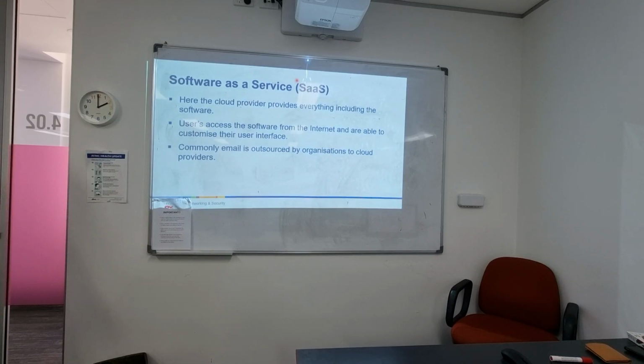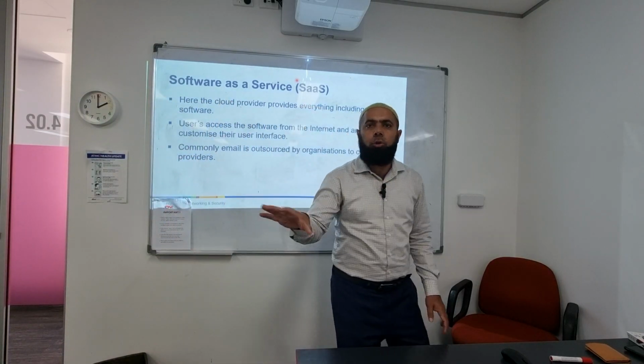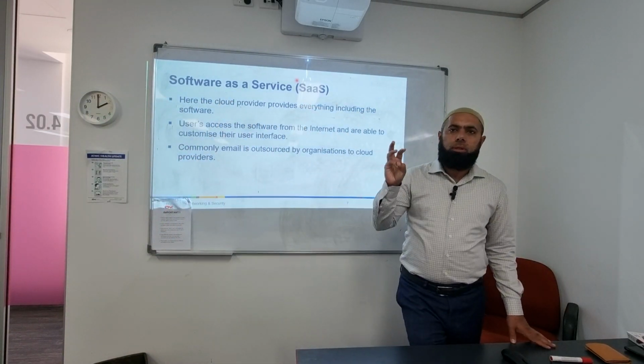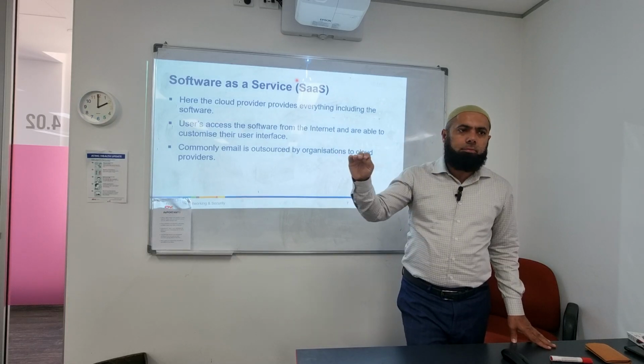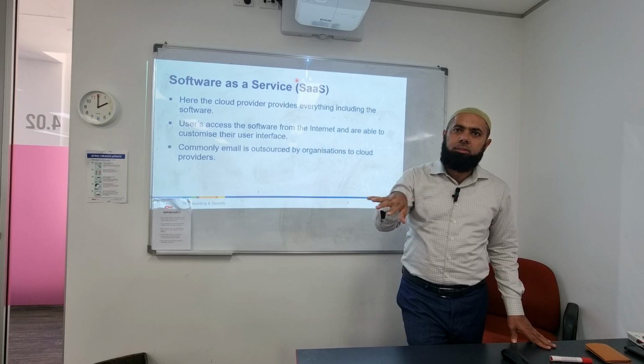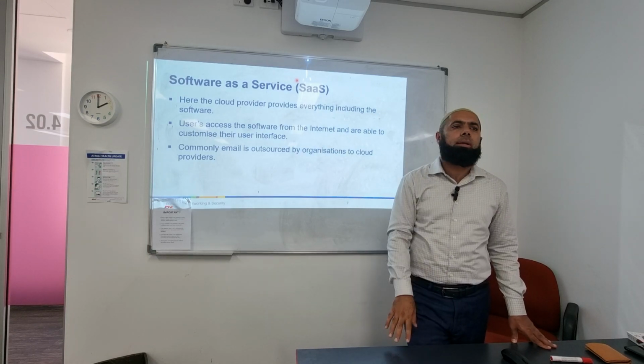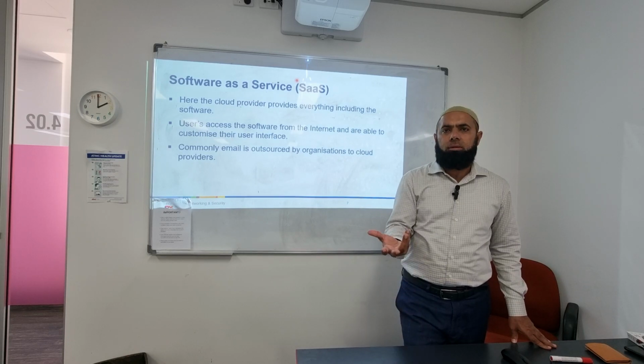So now there is a third stage. In that third stage, all of the three things are outsourced. What was the top level? Hardware, operating system, and on top of that, you are now telling them, okay, application you should handle as well. For example, email.